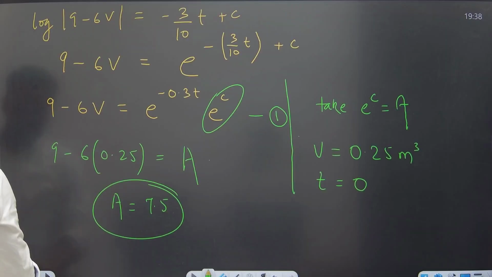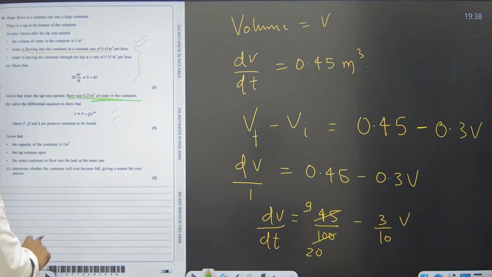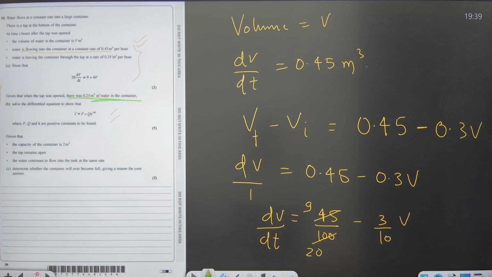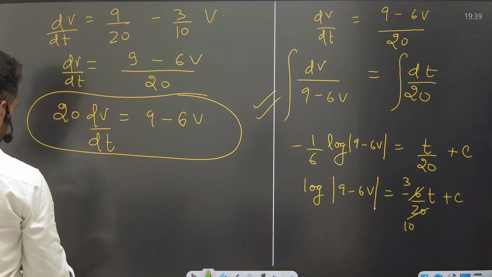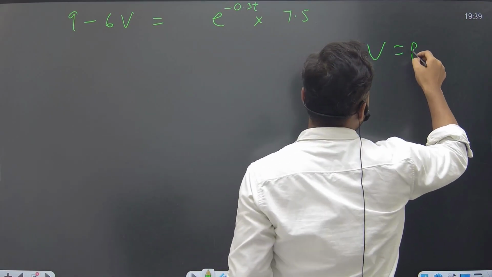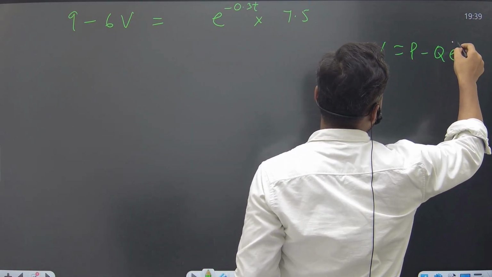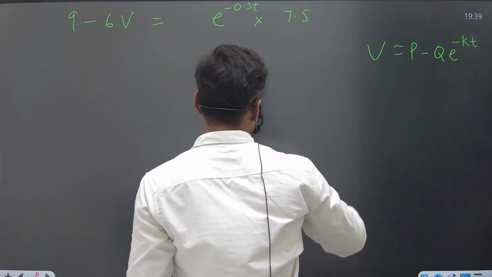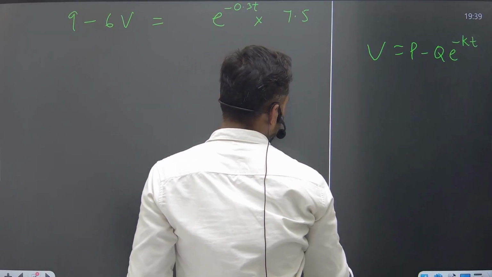In the particular question, student, they have asked that v equals p minus q e raised to the power minus kt. This is how this expression should look.